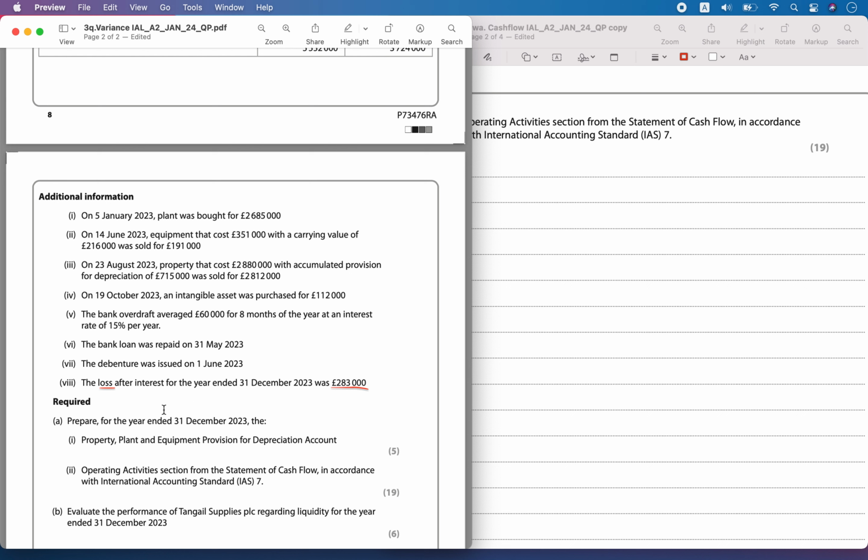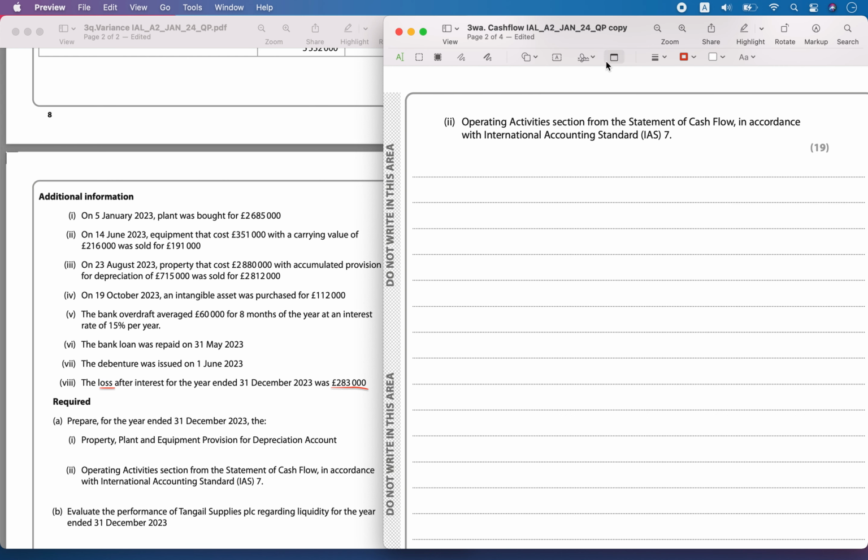First we have to start from the profit or loss, from the point where interest is not subtracted and the tax has not been paid. Here we have the information that the loss after the interest for the year ended 31st December is given. So there was a loss, and this was after the interest was paid.